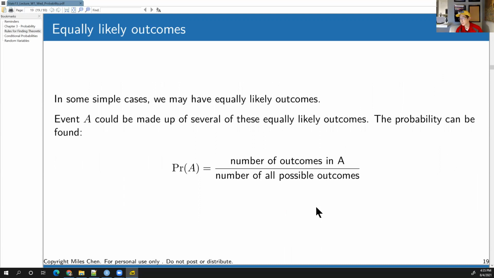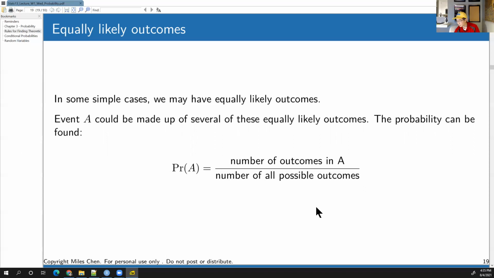In some situations, you're going to have different outcomes, and those outcomes are equally likely. This is not all scenarios, okay? But in some scenarios, you've got outcomes and all the outcomes are equally likely. And event A could be made up of several of these equally likely outcomes, okay?